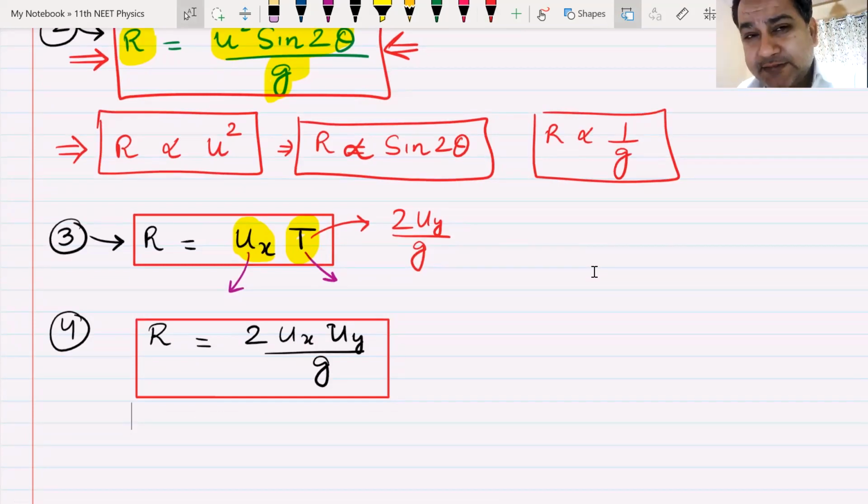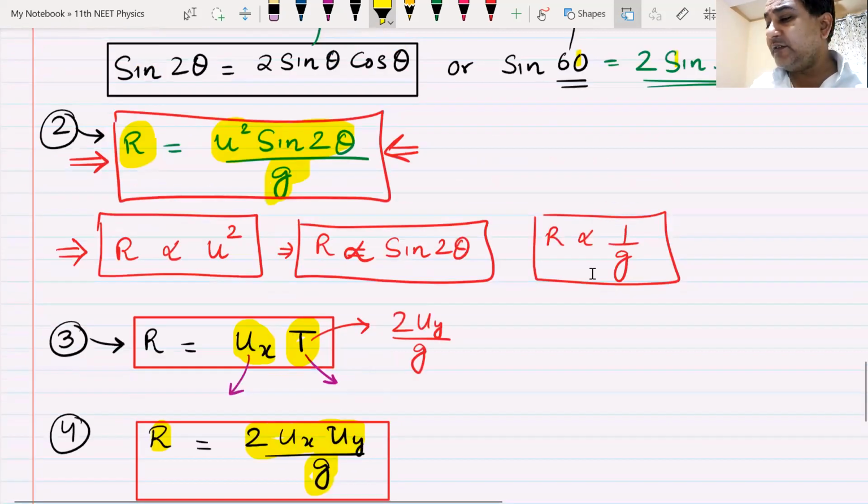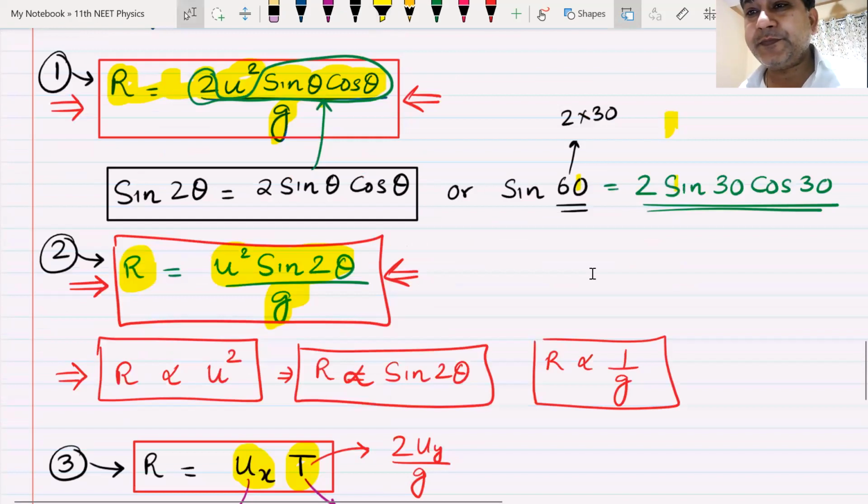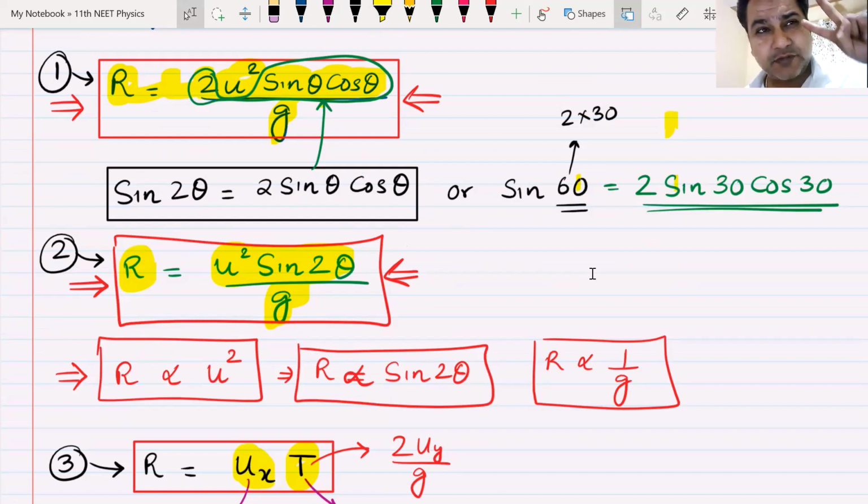Does anyone have any doubt about this? 4 different ways of writing the range. Way number 1, 2u square sine theta cos theta by g. Way number 2, u square sine 2 theta by g.